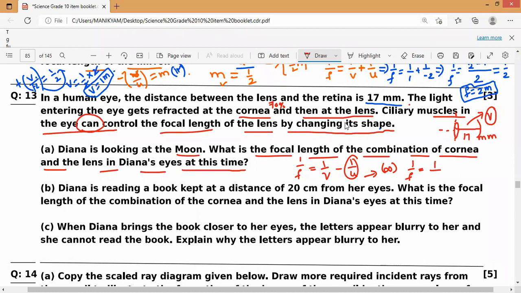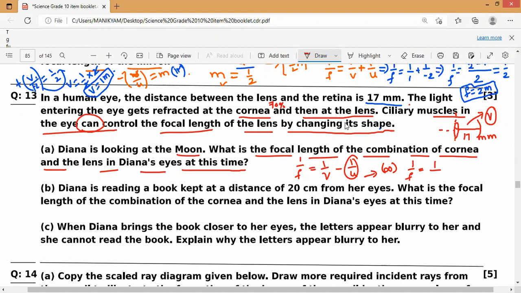In our normal lens, artificial or man-made lens, object distance and image distance will definitely vary. If the object is moving far or near, the image also will vary far or near. But in the human eye, what is the specialty? The distance between the lens and the retina cannot vary. But what can vary?